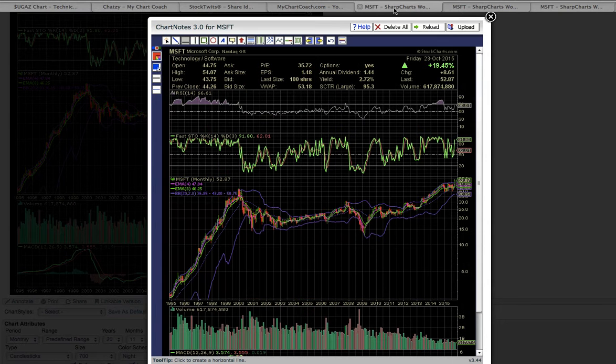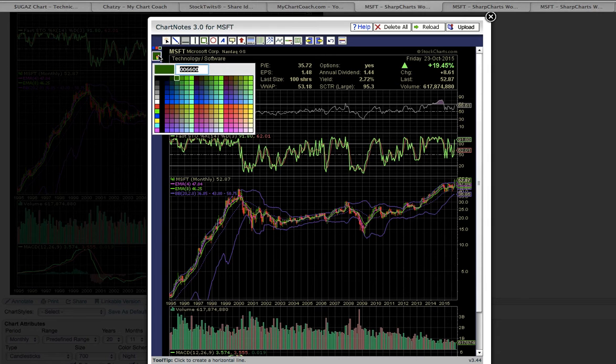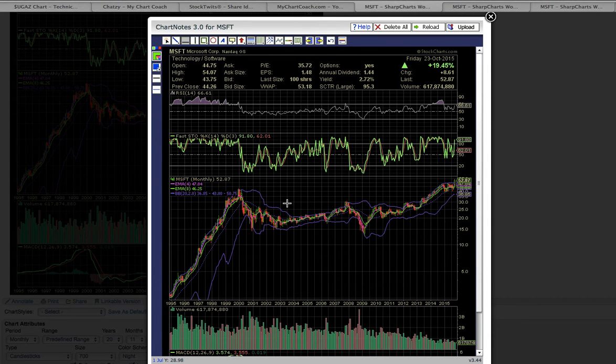And then over here on this chart is a monthly chart. Each candlestick represents 1 month of trading, and this is a 20-year chart going all the way back to 1995. As you can see, in 2000 this level was hit in the mid 40s, and that high level turned into support.